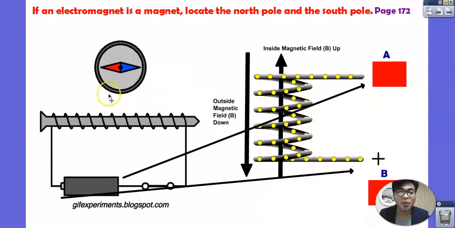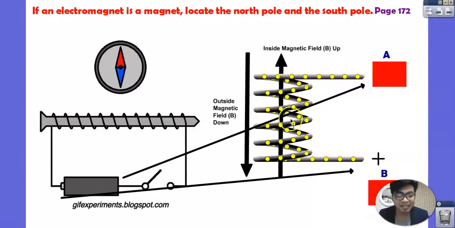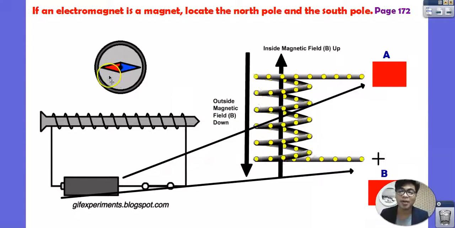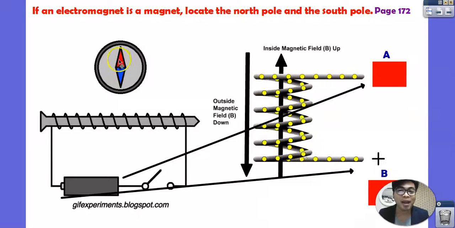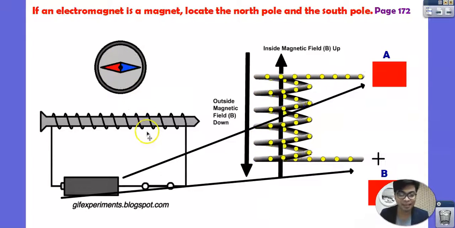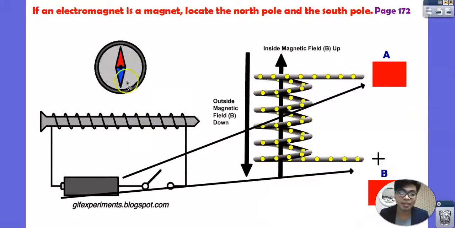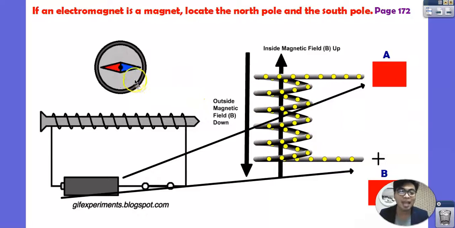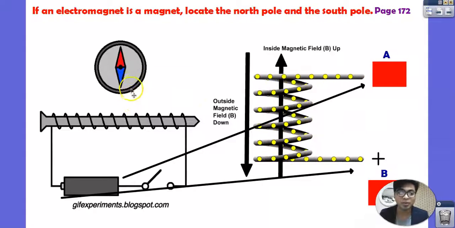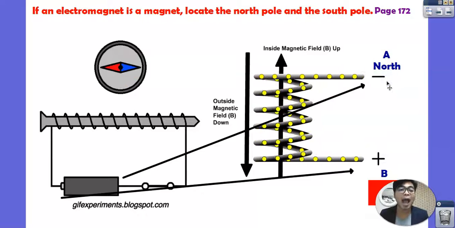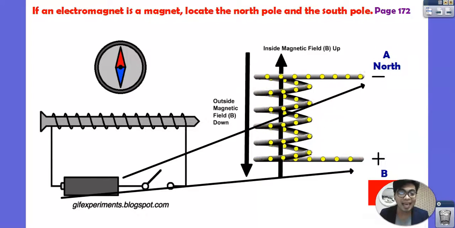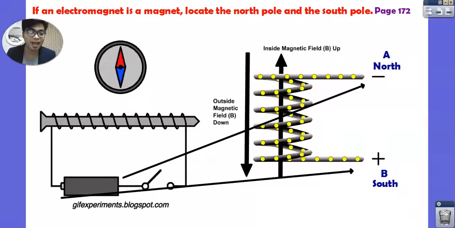Look at the flow of the electricity and also at where the compass is pointing. If the blue is pointing over there, is it the south pole or the north pole? It's pointing towards the negative. So the negative is now our North Pole, and the South Pole is the positive side here.